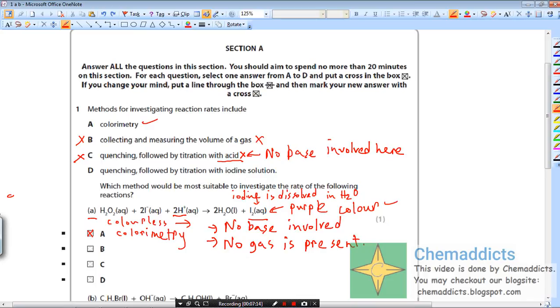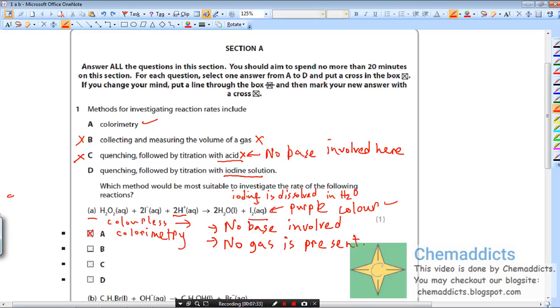Well, let's see. Quenching followed by titration with iodine solution. They have asked that we may investigate the rate of this reaction by quenching and followed by titration with iodine solution.